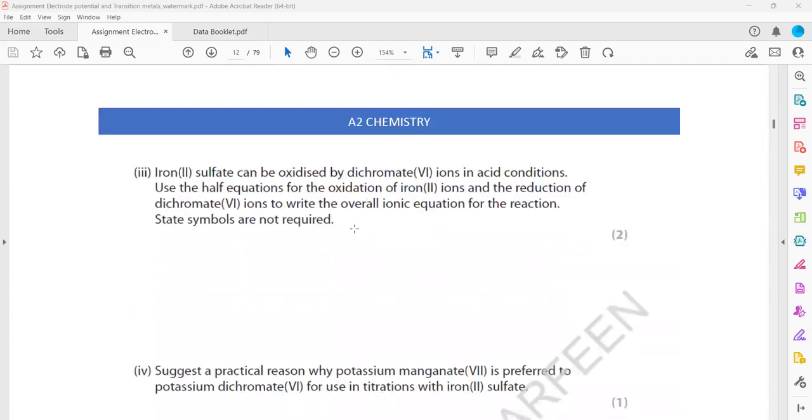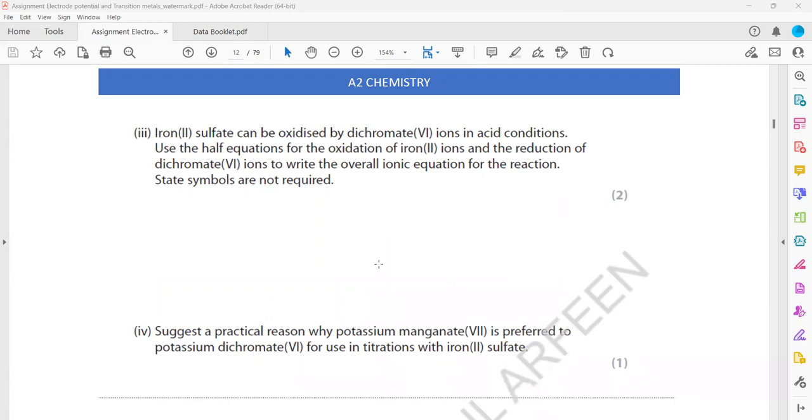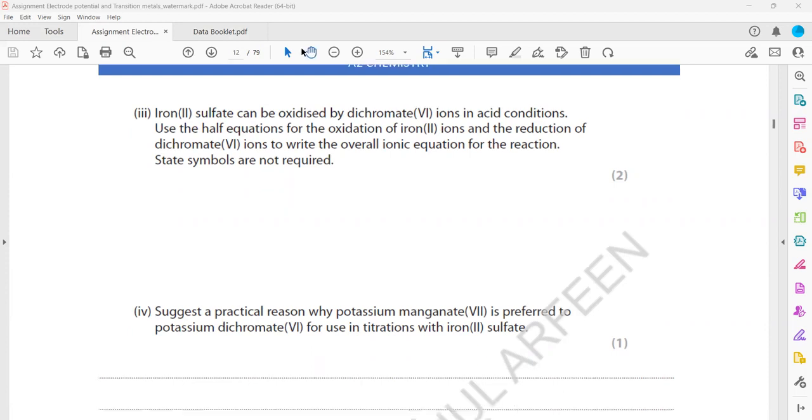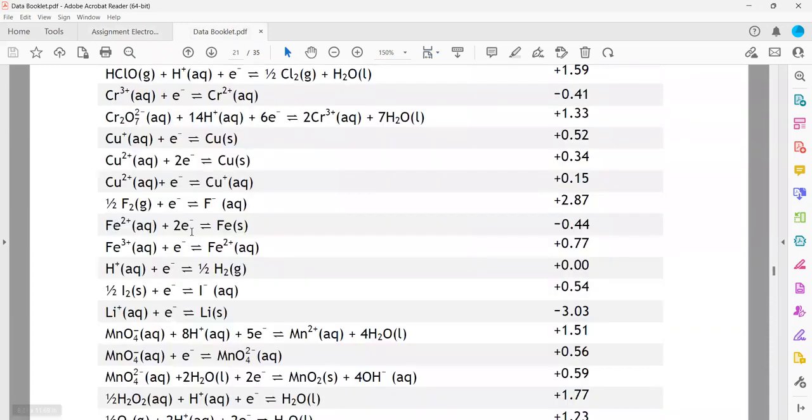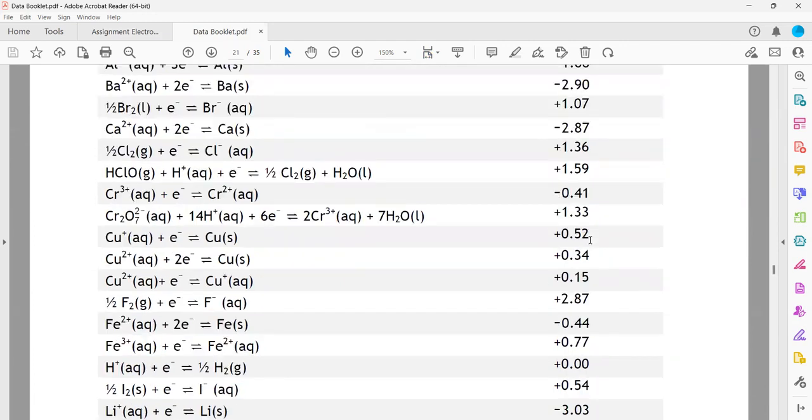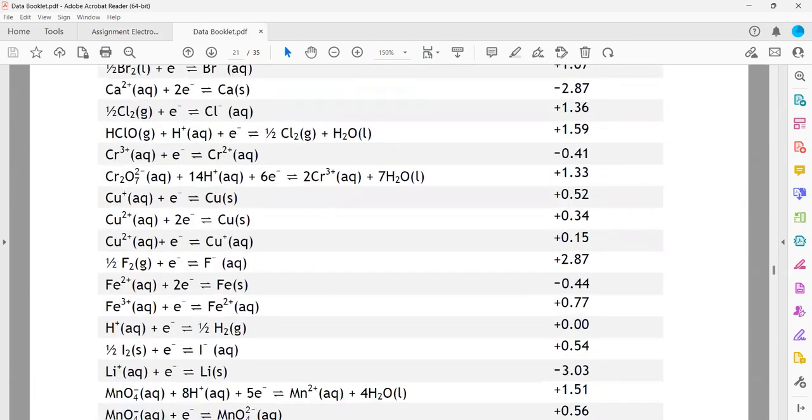Then iron 2 sulfate can be oxidized by dichromate in acidic condition. Use the half equation oxidation of iron and reduction of dichromate ion. Write an overall equation. So the same way as we did in the previous question, we have the equation for iron 3 and iron 2, which is 0.77, and the dichromate is also there. So it will be simply the reduction minus oxidation.